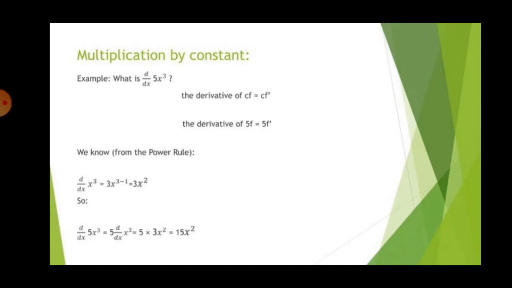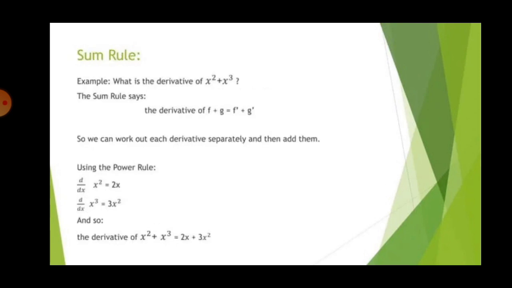So d all over dx of 5x cubed is equal to 5 times d all over dx of x cubed, which is 5 times 3x squared, equal to 15x squared.